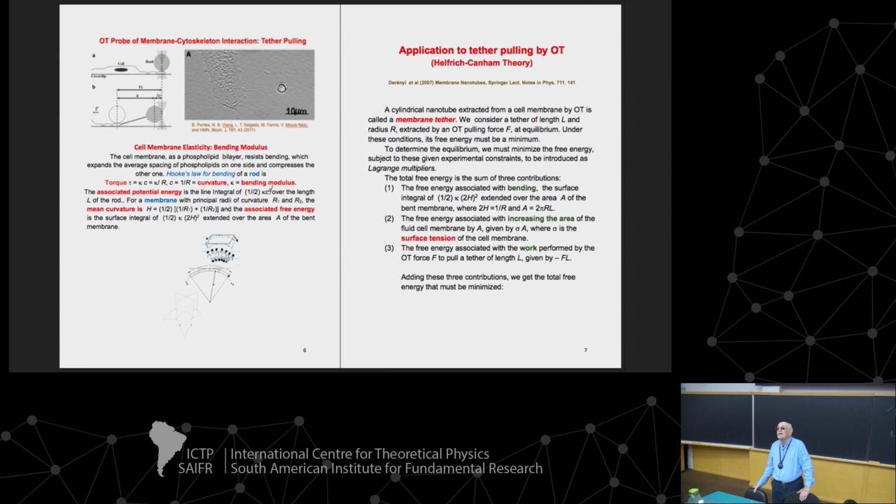Just a quick question. How does the nanotube get attached to the sphere? How do you attach the microsphere? Oh, yes. Okay. In some kinds of experiments, you use a kind of glue that biologically is used for precisely this kind of purpose.